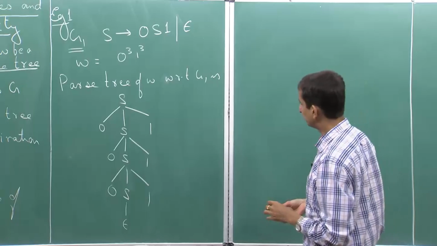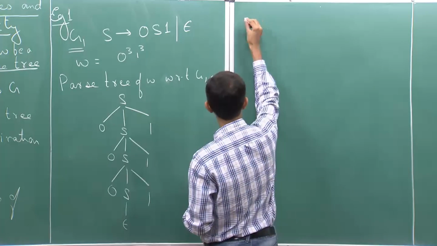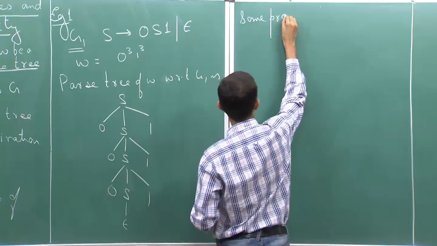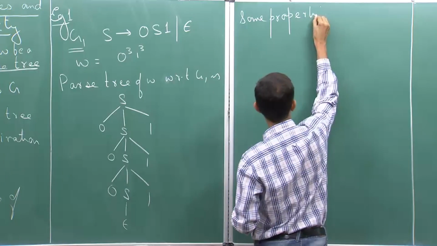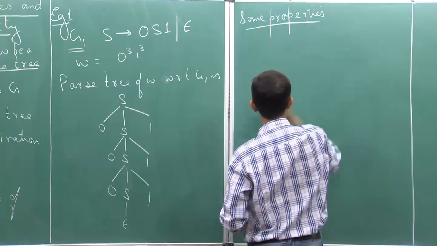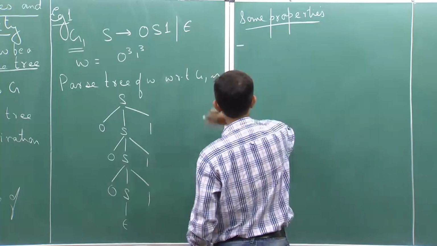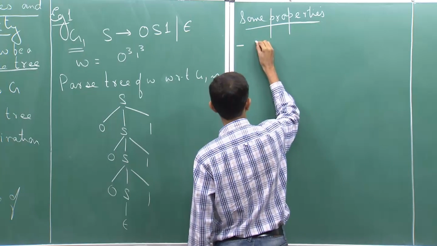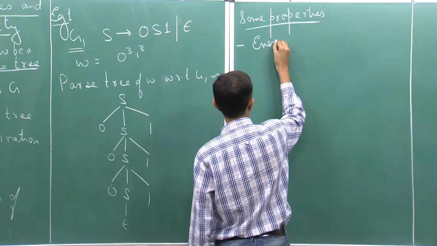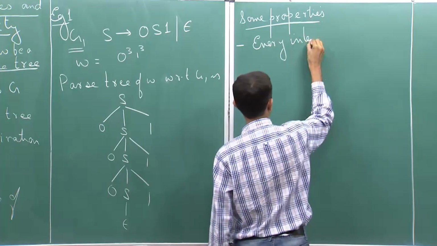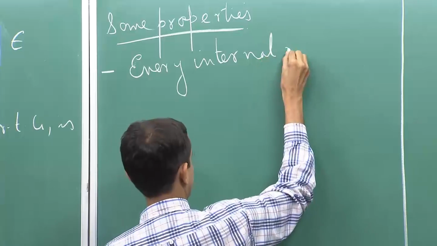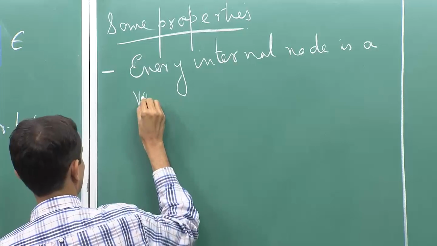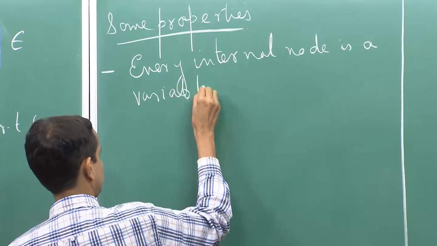A couple of properties about parse trees. Firstly, every internal node is a variable.